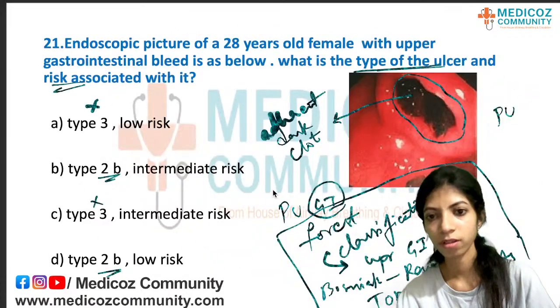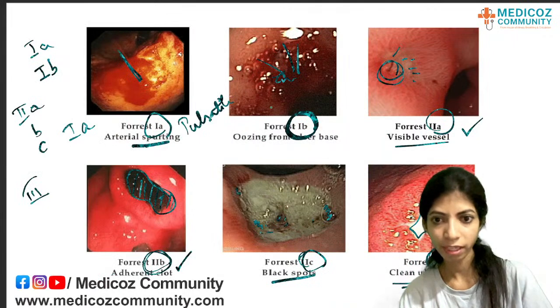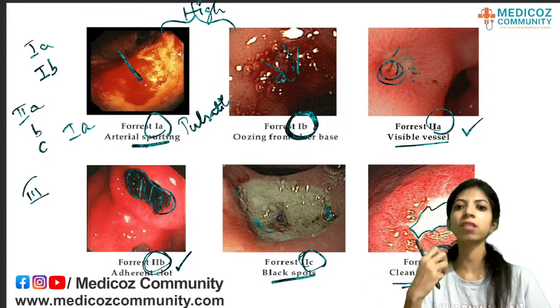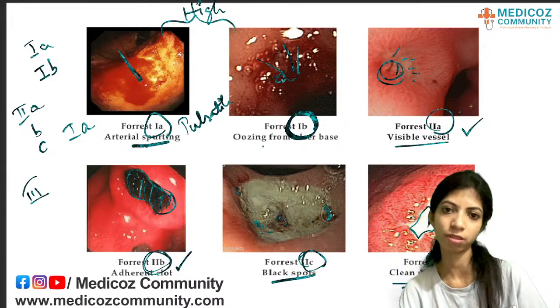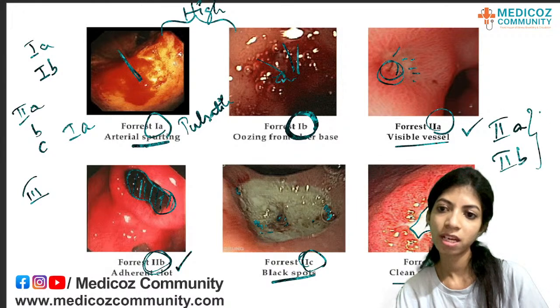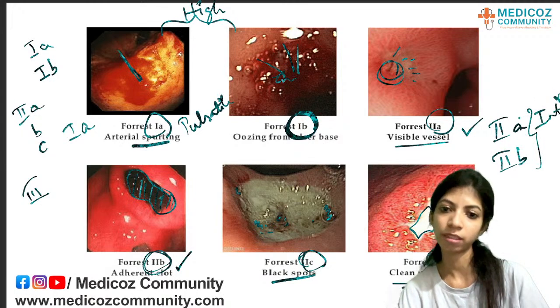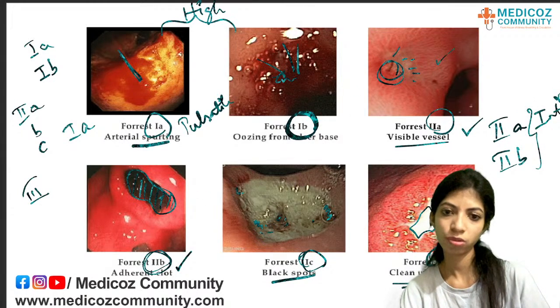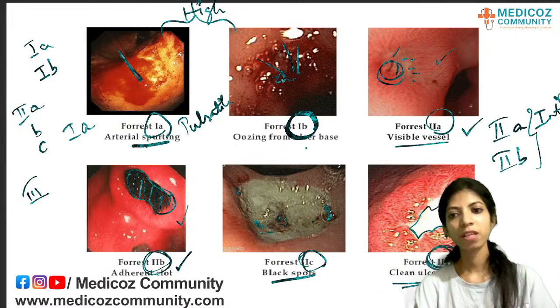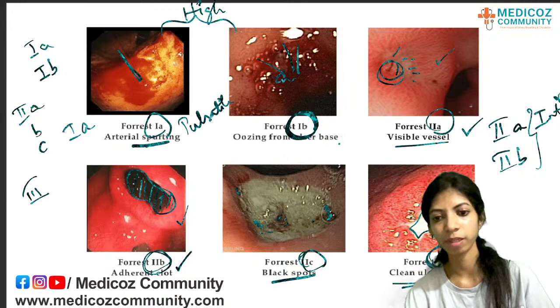Type 1A and 1B both have high risk of rebleeding, because a fresh bleed is already present. 2A and 2B are associated with intermediate risk of rebleeding, because there is a fresh clot and a visible vessel.